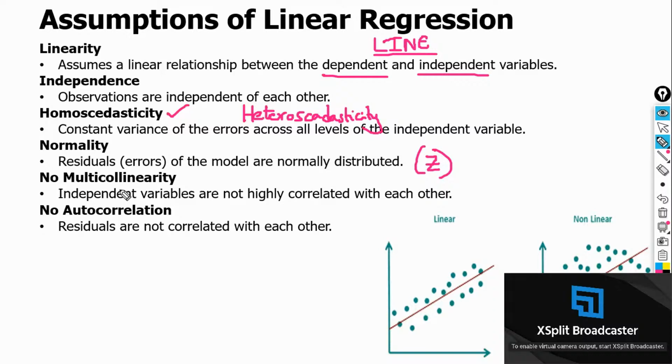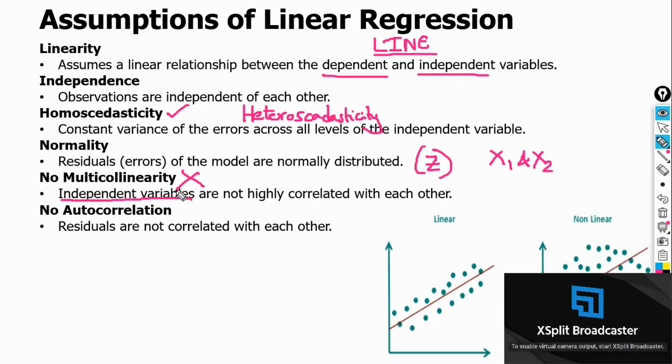Then we should not have any kind of multicollinearity issue. What is multicollinearity? What exactly is this problem? Multicollinearity talks about the independent variables if they are correlated. If x1 and x2 have a correlation, if they are related to each other, then you can say we have a multicollinearity issue.